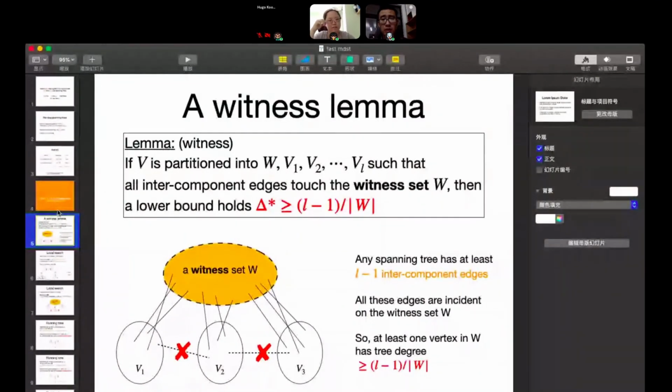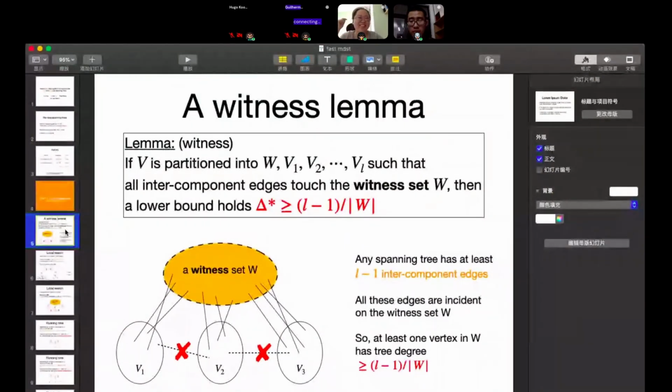Yes, a witness gives you a lower bound. Are you trying to crack this lemma and improve it? I just wanted to know if there is a gap, like the gap that comes from, say, linear programming and the actual results. But I'm not trying to do anything on it right now. I just think it's a very interesting lemma.